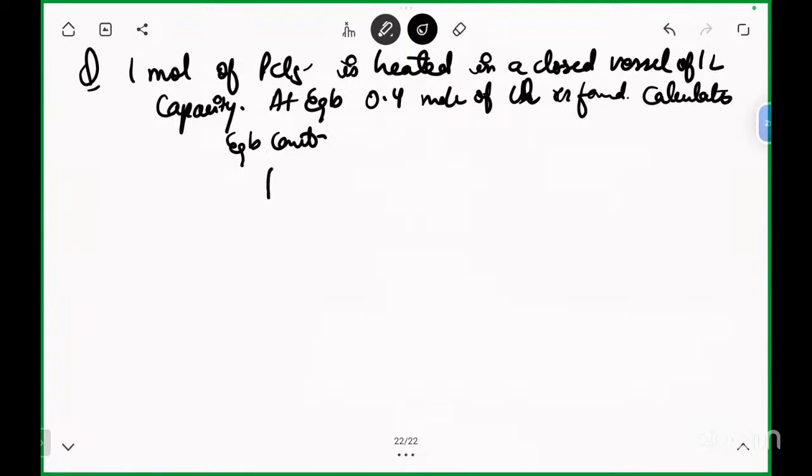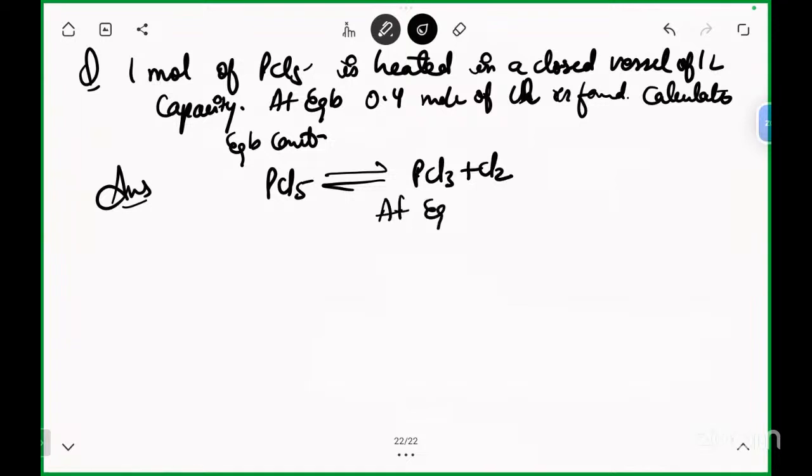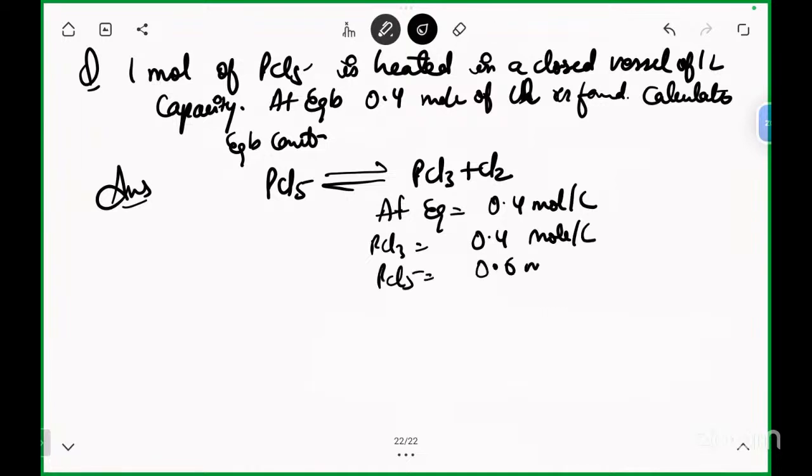So first you have to write the reaction. PCl5 gives PCl3 plus Cl2. First find what you get at equilibrium: Cl2 is 0.4 mole per liter, PCl3 is again 0.4 mole per liter and PCl5 is 0.6 mole per liter. So all the concentrations are given now. So what will you do?